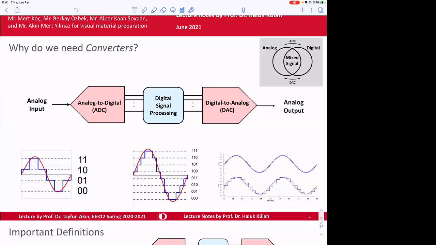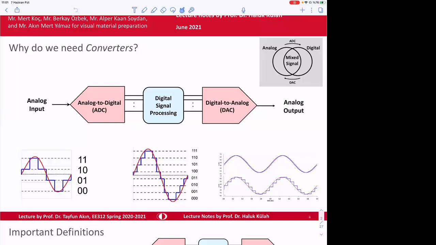It is obvious then that if we do this with more bits representation on the right hand side in the figure, this is going to be even better. So we can truly maybe represent that signal. So the higher the bits that we use, the better.